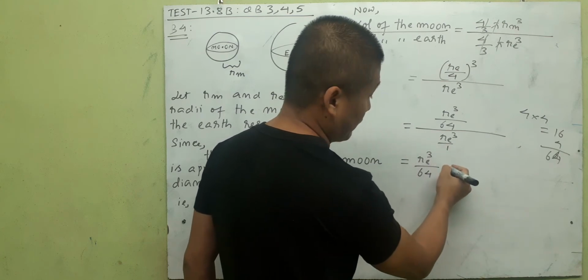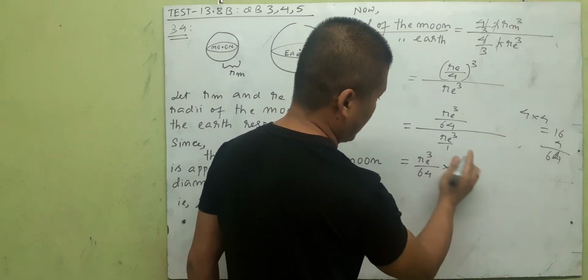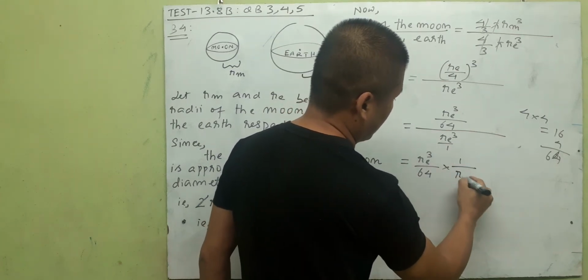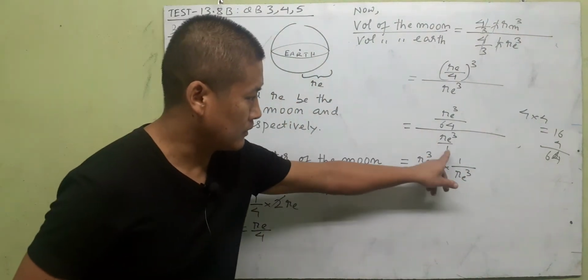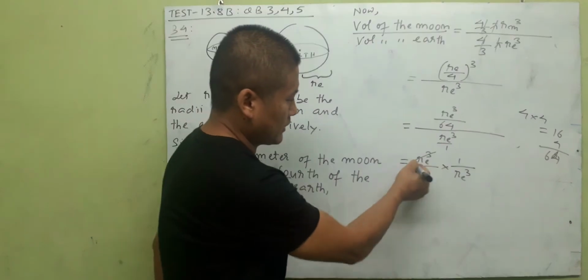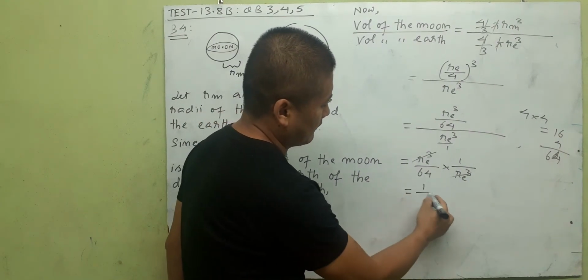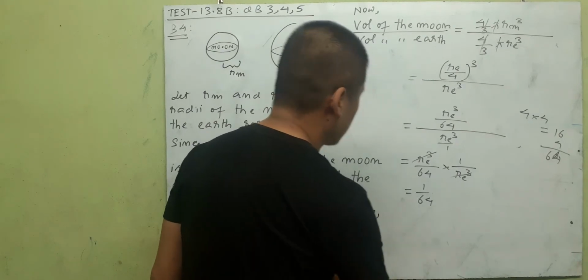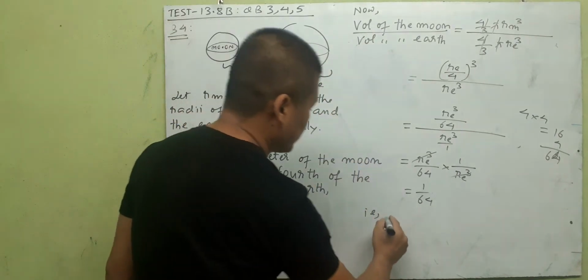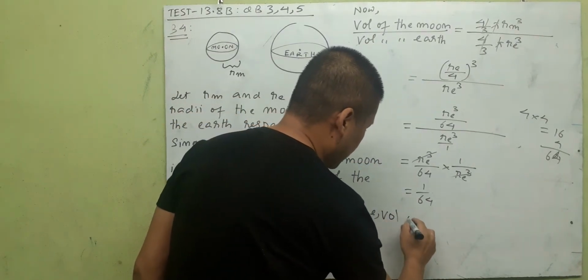Then here, Re cube divided by 64. This one divided by 1. So if you change to multiplication sign, the down 1 will go, and Re cube will come down, up will come down, down will go up. So these two cancelled will give you 1 divided by 64. That is, in other words, this one here, the volume of the moon, is what fraction they are asking.